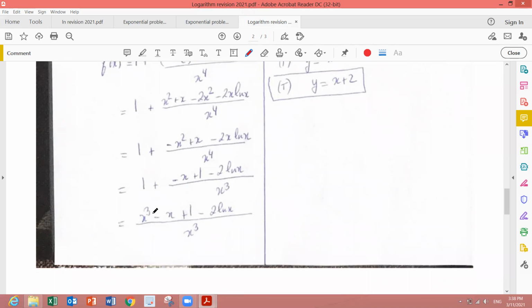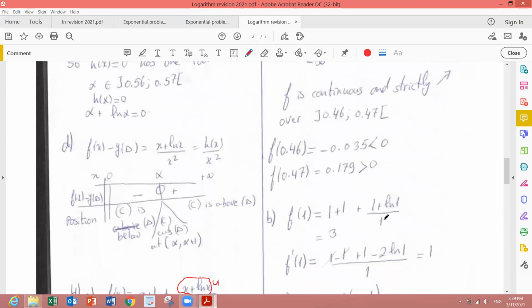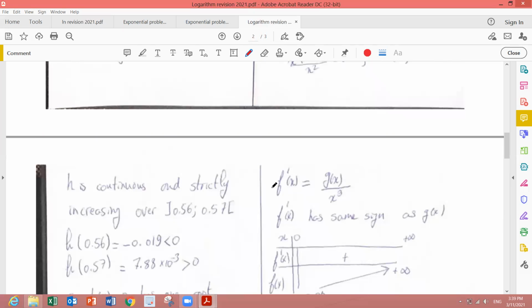We take the common denominator, x cubed: minus x plus 1 minus 2 ln x over x cubed, which is equal to gx over x cubed. F prime x equals gx over x cubed.